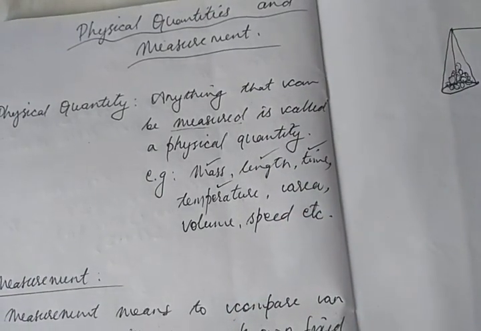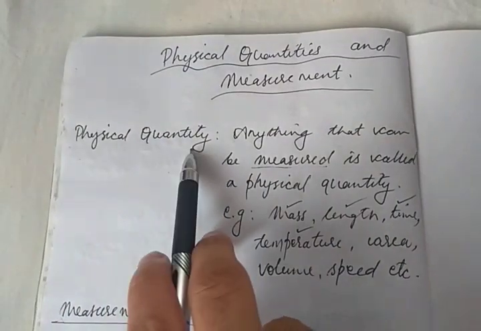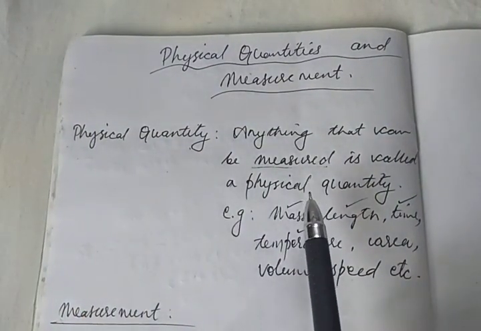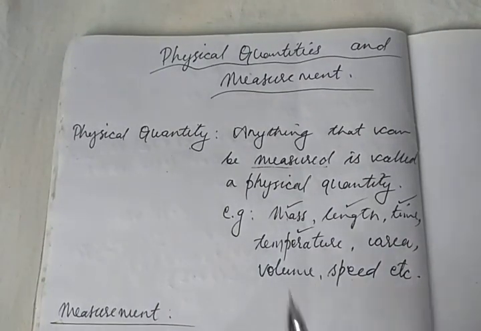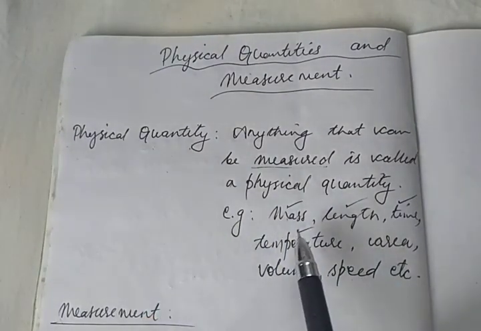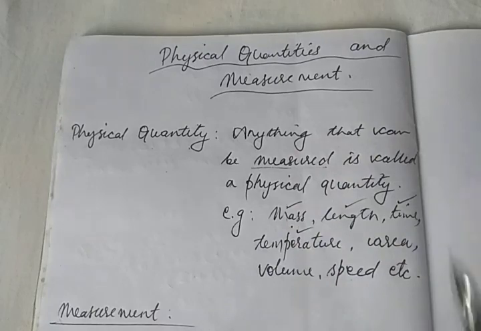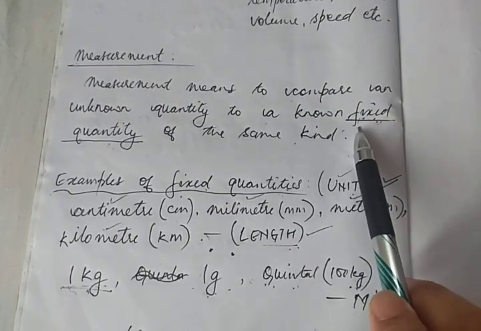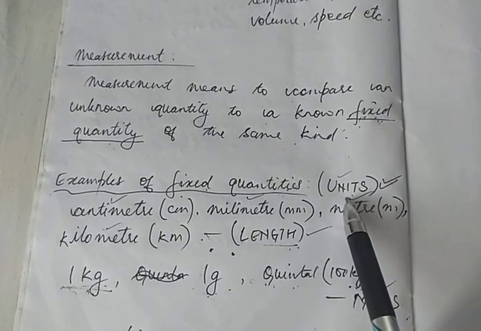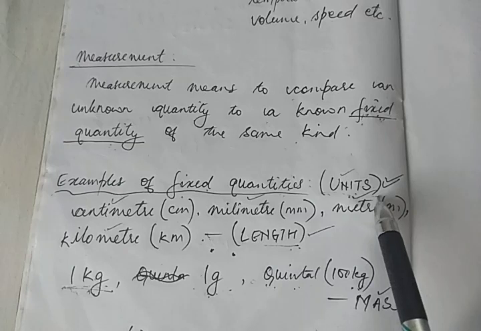But do remember, physical quantities are measurable quantities, anything that can be measured. So mass, length, time, all are physical quantities. In order to measure any physical quantity, we will always need the help of fixed or standard quantities, so-called units, remember. In order to measure any physical quantity, we will always need the help of a unit.